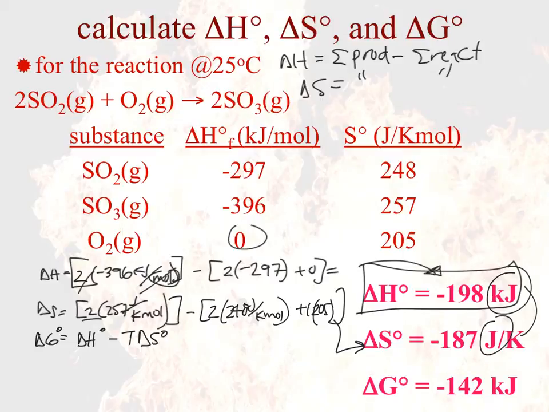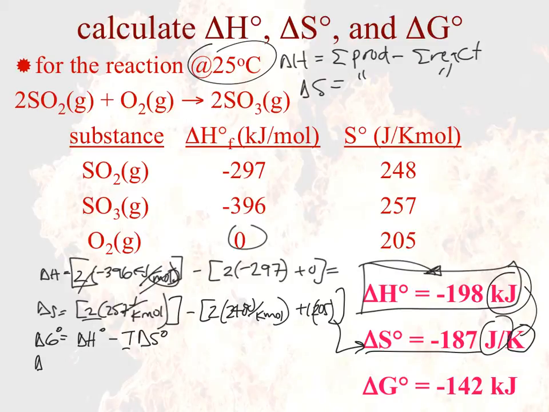Kilojoules and joules obviously cannot be summed directly, so we need to make sure that we convert one or the other. In this case, we're going to convert our entropy value from joules to kilojoules, so that this calculation will be straightforward. Also, notice we have the units of Kelvin here, so our temperature is given as 25 degrees C, so of course we need to convert that to Kelvin when we plug it into our equation here.